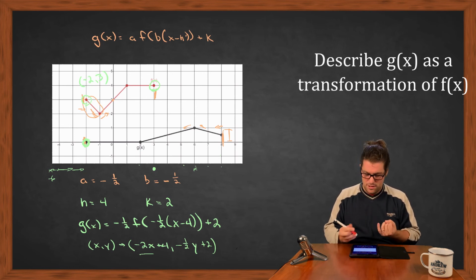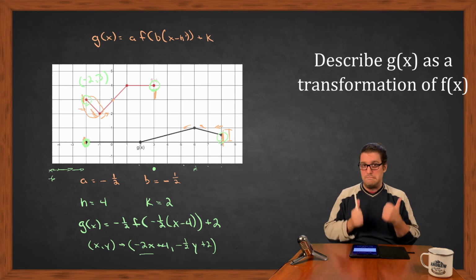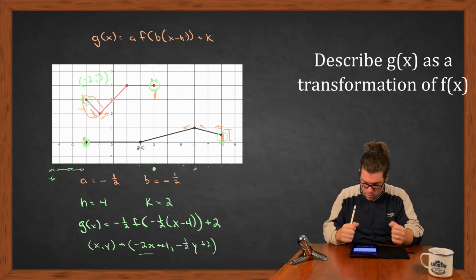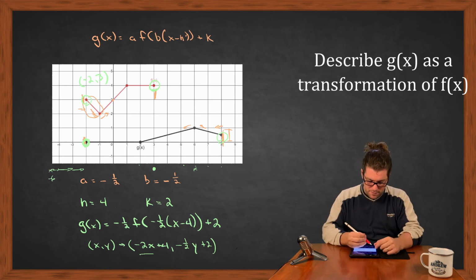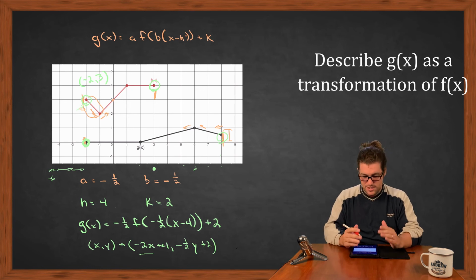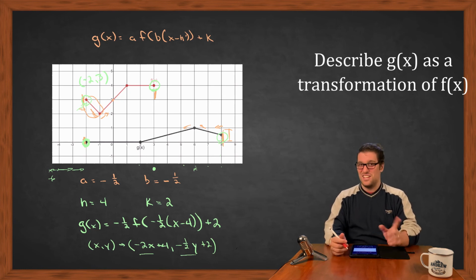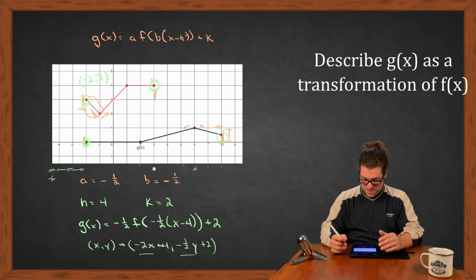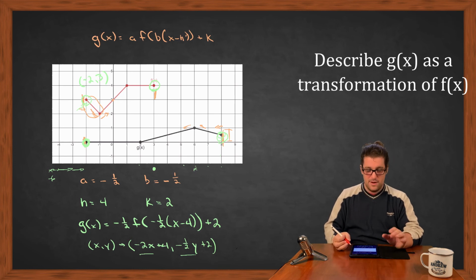So it should have an x value of 8. Sure does. That's good. All right, let's go over to the y value. The y value for this point up here again is a 3. If I follow my mapping notation, I'm going to multiply that 3 by -1/2. Yeah, it is -1/2. So that would be -3/2 plus 2, which would be +1/2. +1/2 is where that is.